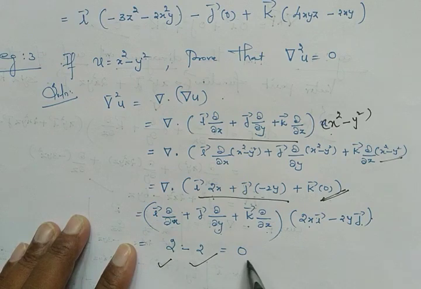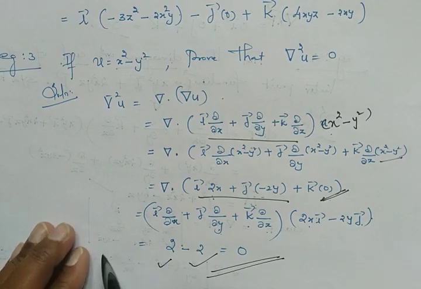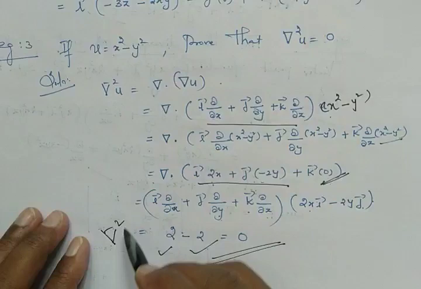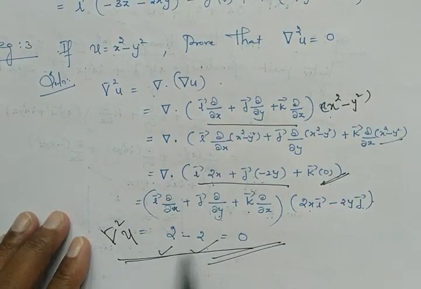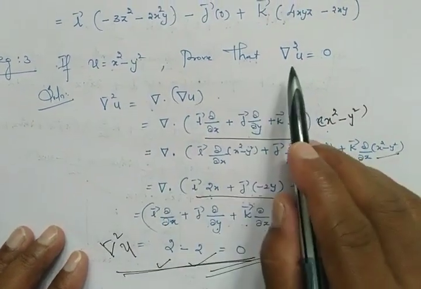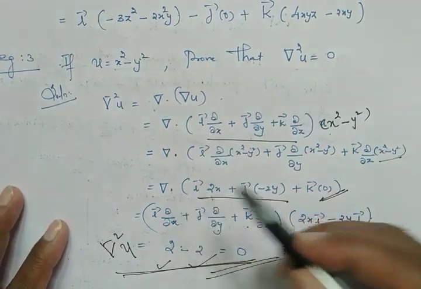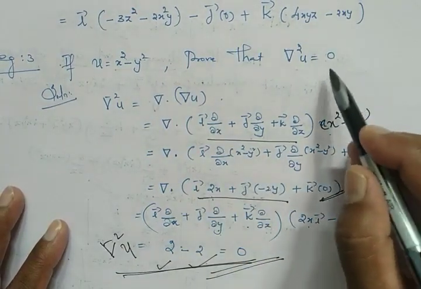So 2 minus 2 becomes 0, therefore del square of u is 0, hence proved. So if it comes like a del square, try to do it slowly one by one, and you can get the proof.